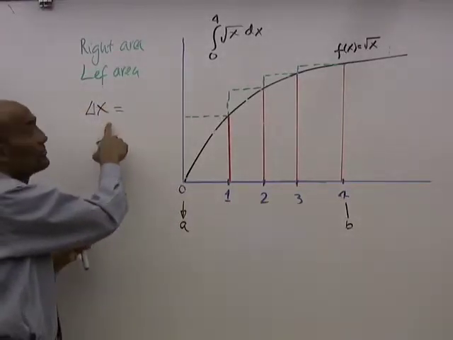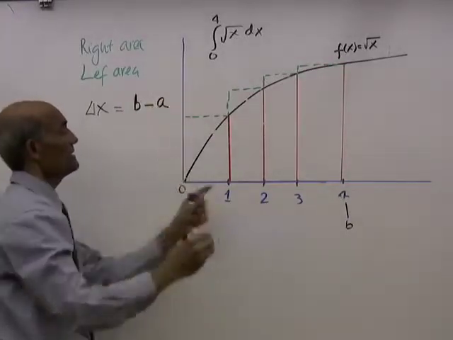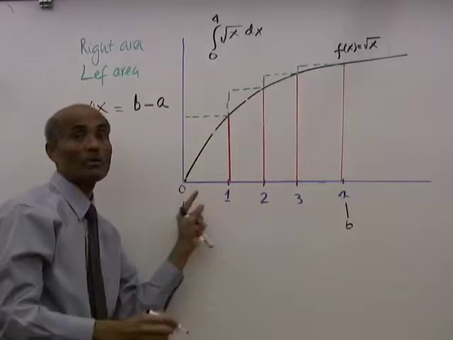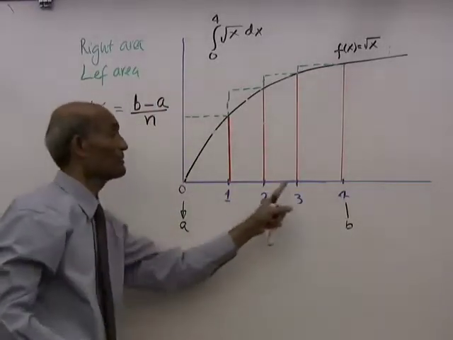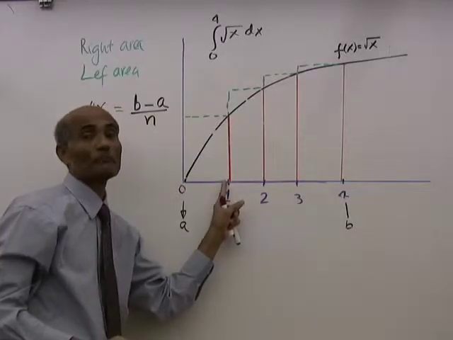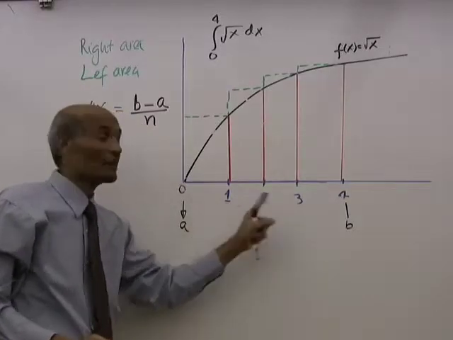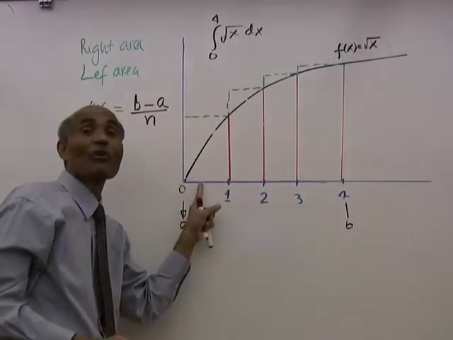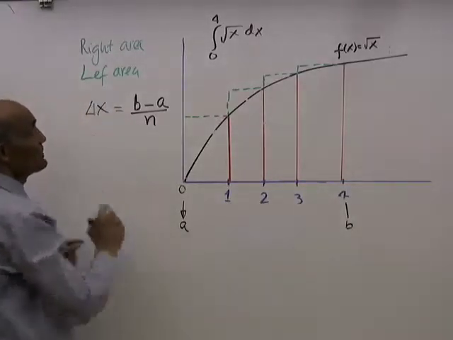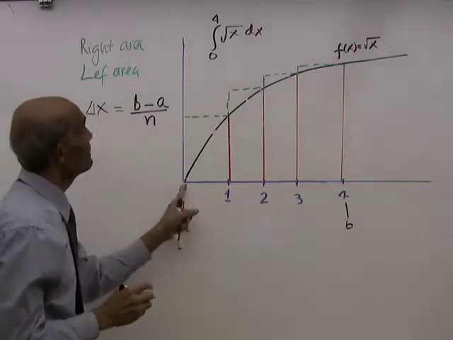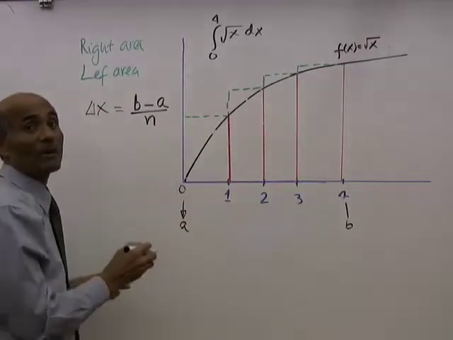In general, the width of a rectangle is b minus a, in this case 4 minus 0, divided by the number of rectangles. Here we have 4 rectangles. Now, if you divide them into 10 rectangles, delta x will be 4 divided by 10, and so on.